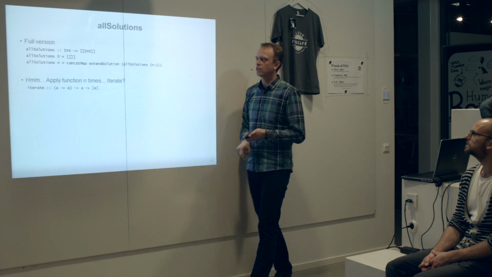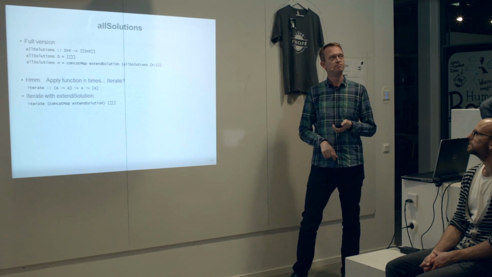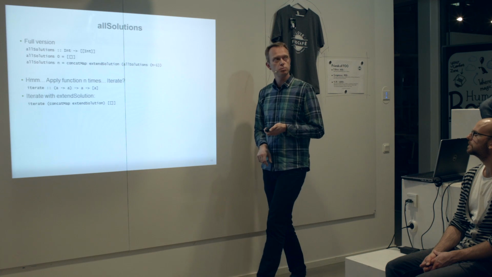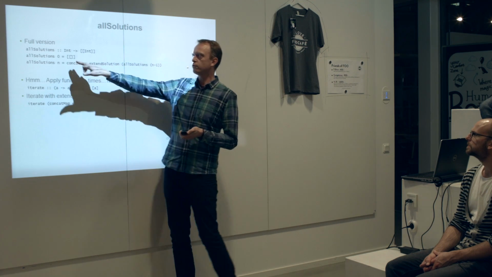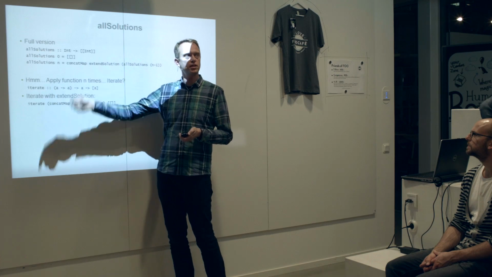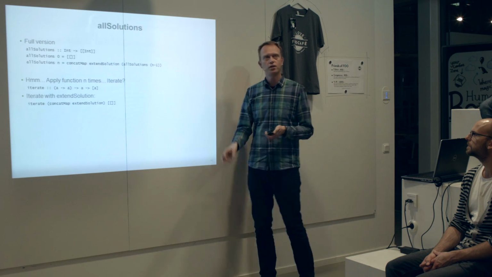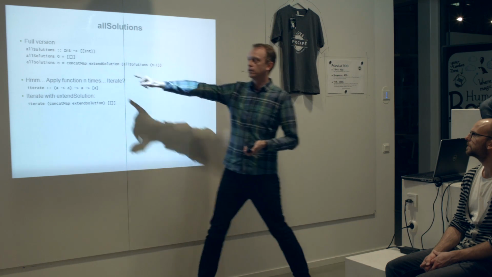So I could instead express this using iterate, like this. Because this will capture exactly what I'm doing. It's starting from a base case, and it just applies this consecutively over and over again. It creates a list where the first element will be this value.